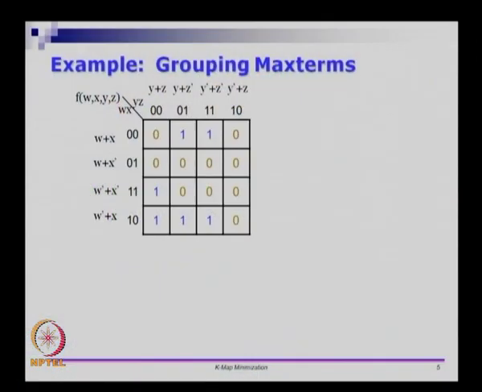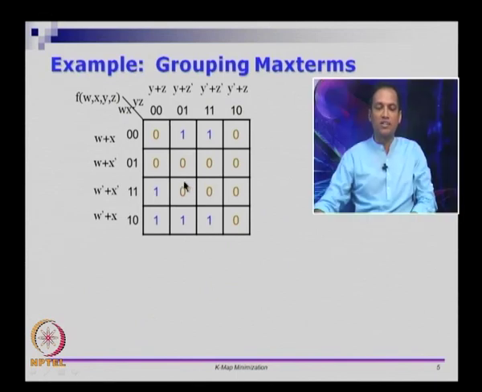For max terms, the first thing we do is, you notice that the ones that we had earlier are all in blue, and we have put all the other things as 0, which are in a different color, a brownish color. Now, the rows are maintained as they are: 0 0, 0 1, 1 1 and 1 0.